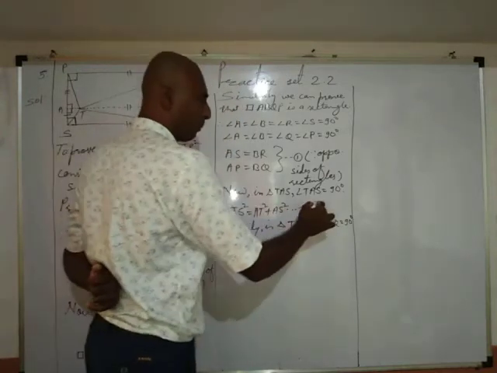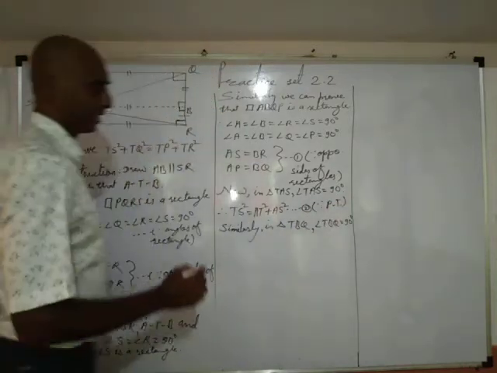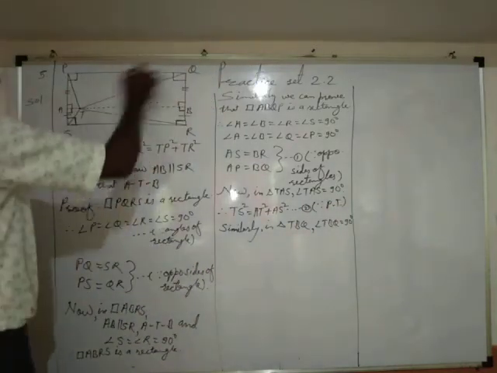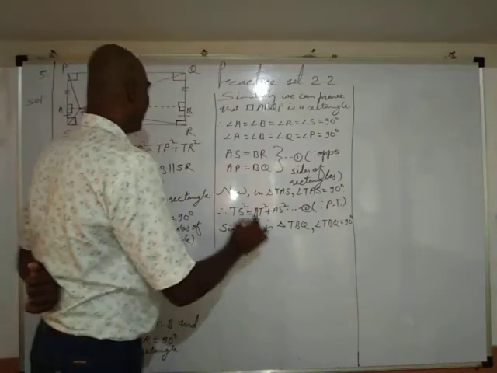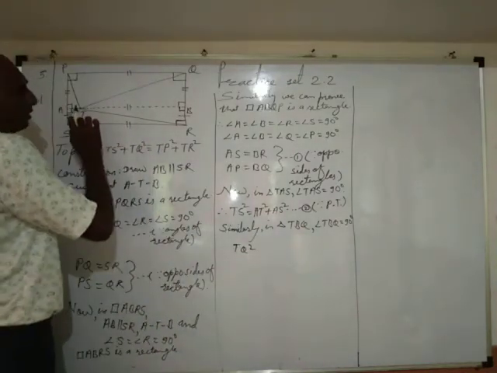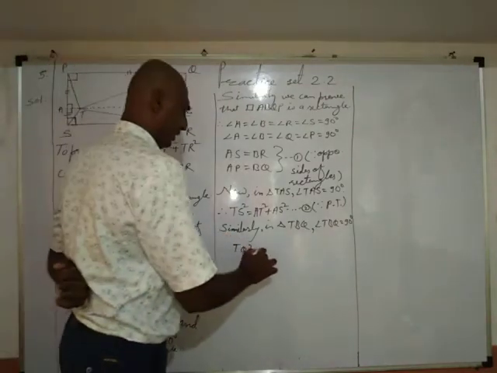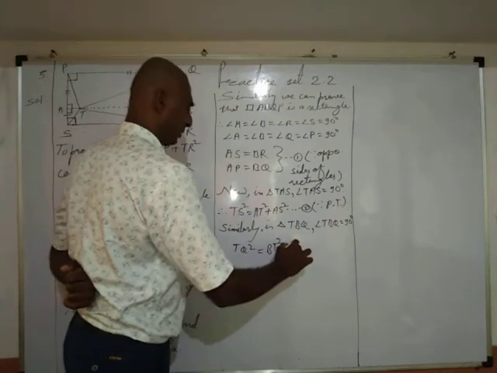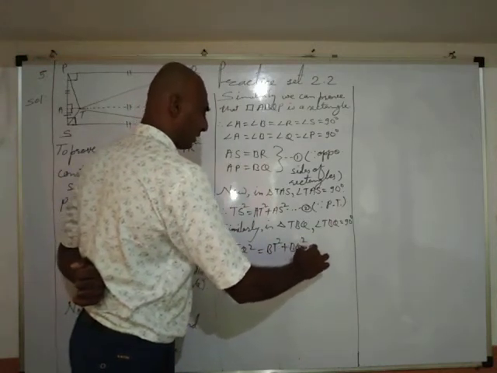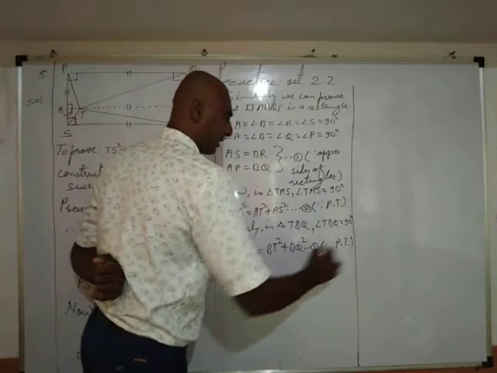Here we applied the Pythagoras theorem. Similarly, we may apply the Pythagoras theorem to this triangle, and that gives us TQ square equals BT square plus BQ square. Equation third, since Pythagoras theorem.